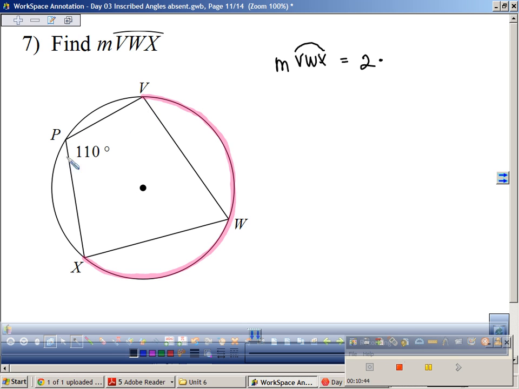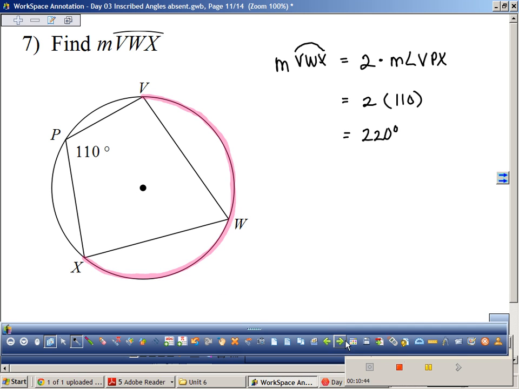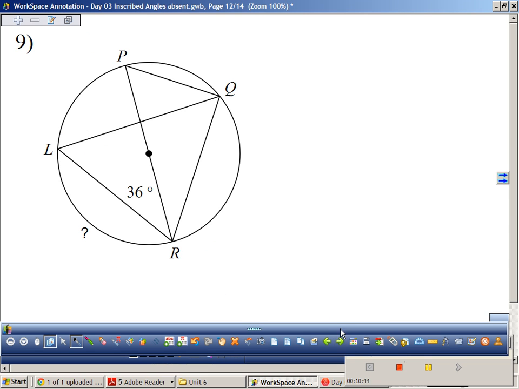We'll call it VPX. Measure of angle VPX. Well, I know the measure of angle VPX. It happens to be 110. So the measure of the arc would be 220 degrees. Okay, I'm going to leave number 8 for you guys to do.